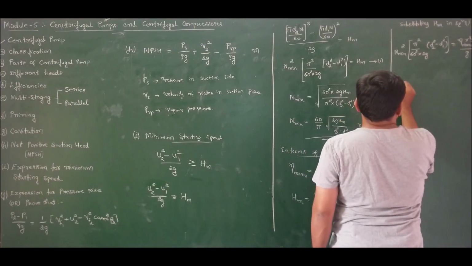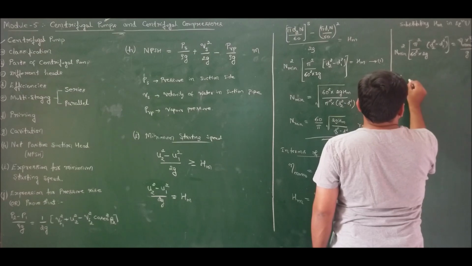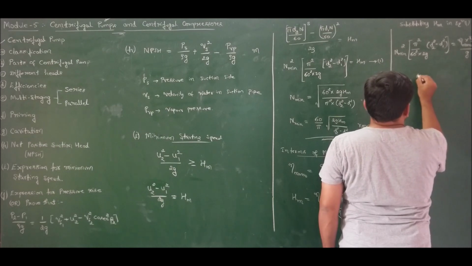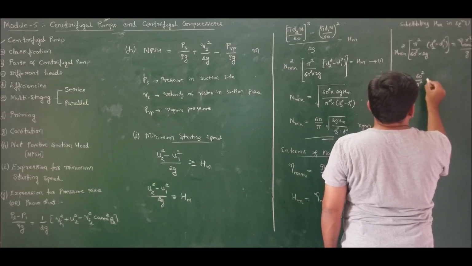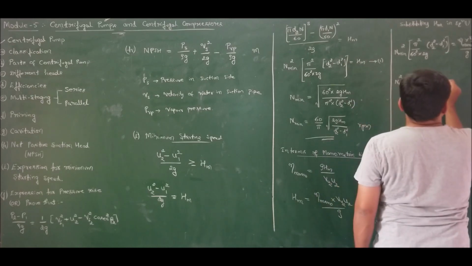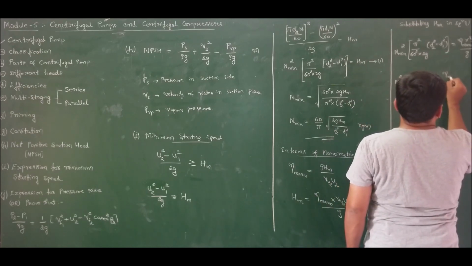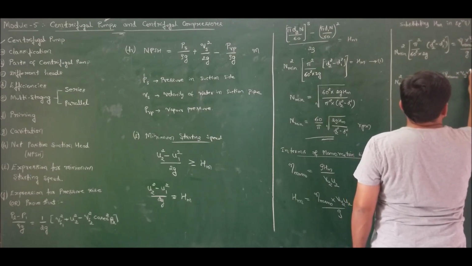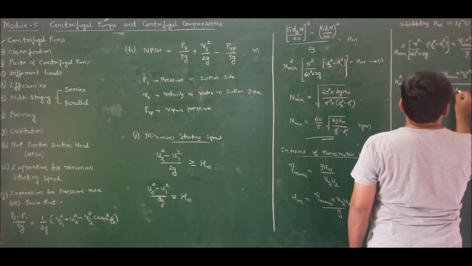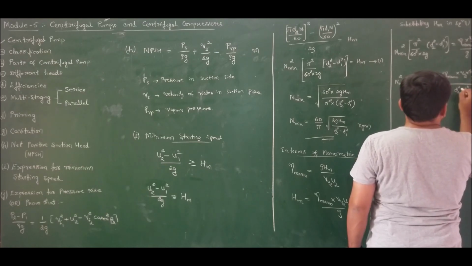That is, N minimum square is equal to, if I simplify further, 60 square by pi square into 2g by g into eta mano into Vu2 U2, where U2 can be written as pi d2 N by 60, the whole divided by d2 square minus d1 square.